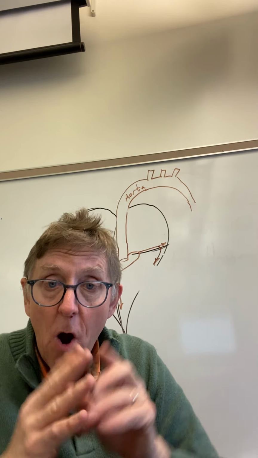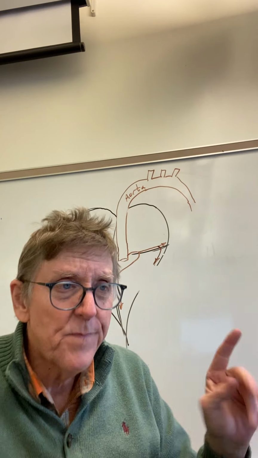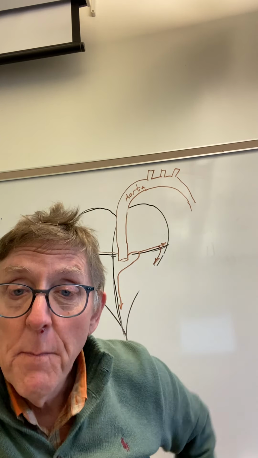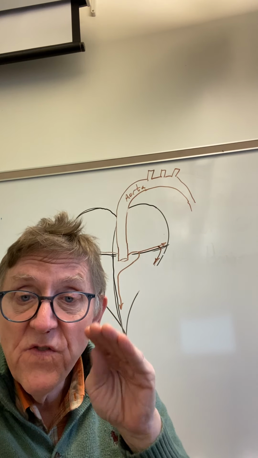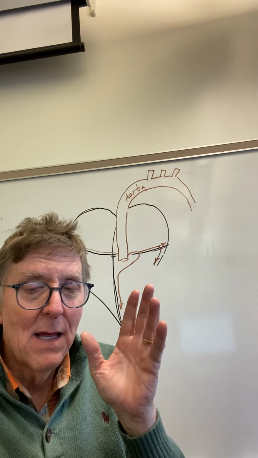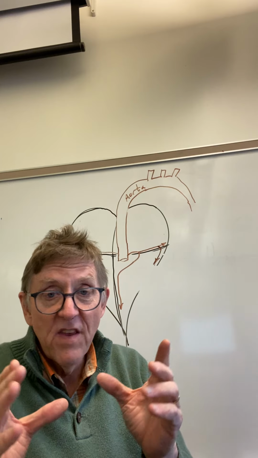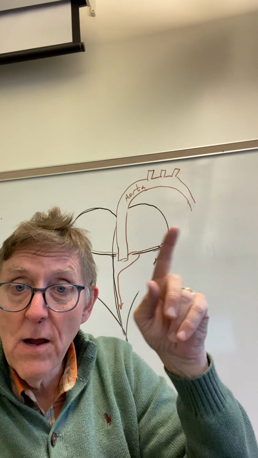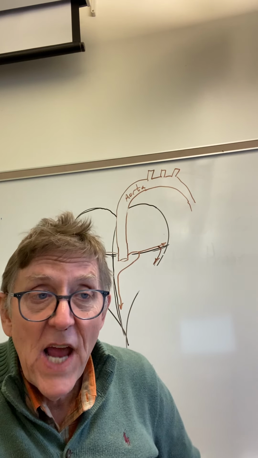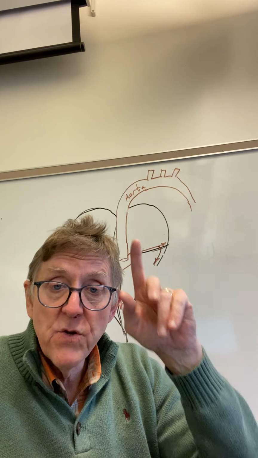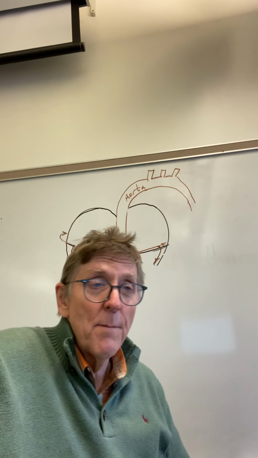That's when the pressure in the arteries is rising, and we have the blood ejection. So what happened? The ventricle pressure rises until it overcomes the pressure in the arteries. The semilunar valves open, and we get blood ejection into the pulmonary trunk and into the aorta.